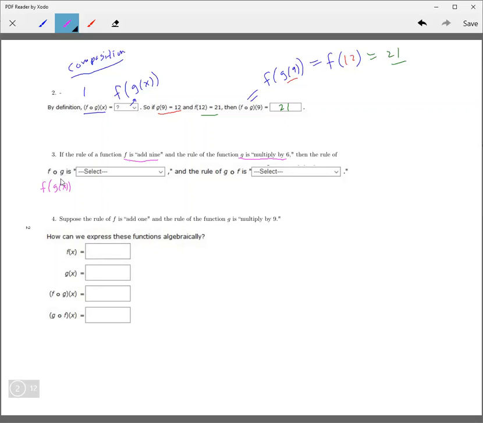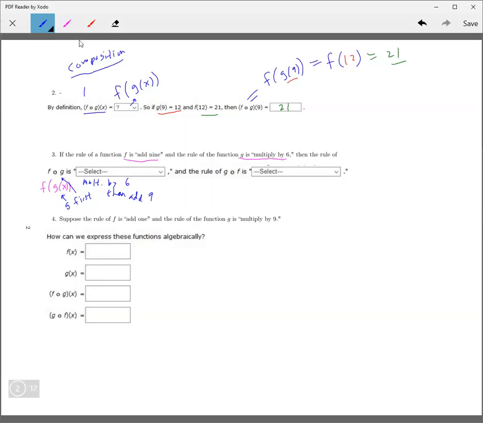You're going to do g first, because here's your x right here, and it's getting acted on by g before it gets acted on by f. So that's going to be multiply by 6, then add 9.